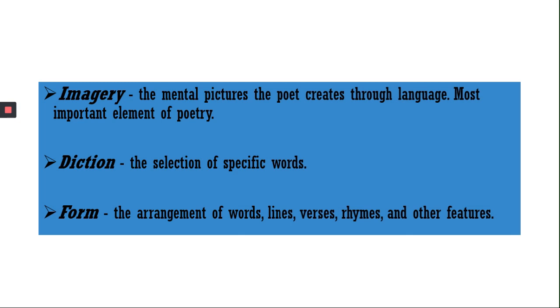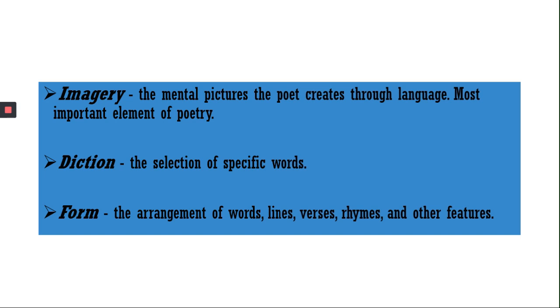Imagery was mentioned a while ago already. Imagery is the mental pictures the poet creates through language, the most important element of poetry. And next we have diction. Diction is the selection of specific words. Sa Tagalog, ito ang proseso ng pagpili ng tamang salita.